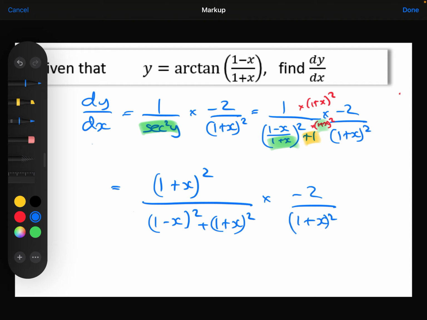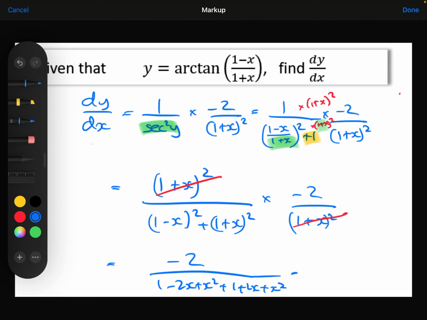Then I suddenly noticed that actually that's going to cancel with that. And then if I were to expand out the denominator now, so I've got minus 2 over 1 minus 2x plus x squared plus 1 plus 2x plus x squared.